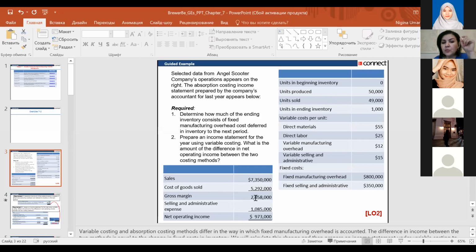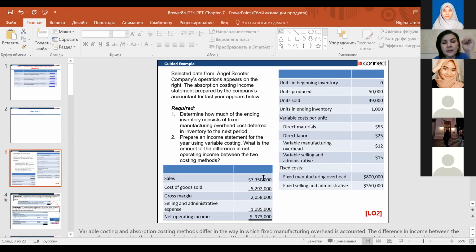And then we get what? Gross margin, or how do we call it? Sales minus cost of goods sold equal to... Fabrianti? Contribution margin, exactly. Yes, but before going to contribution margin, we forgot about variable selling and administrative, right?